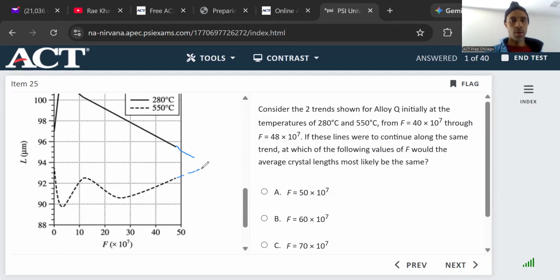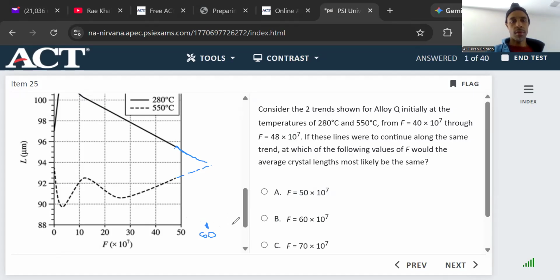If we continue the trend as much as possible, my pen would be great to have right now. So it looks like 60 is where they meet, because it looks like this is 40 to here, 40 to here. And if we increment that another about the same unit, that's about there. So 60 would be about right there, right? If we continue the same line of thinking or the trend value, that's about where they meet.